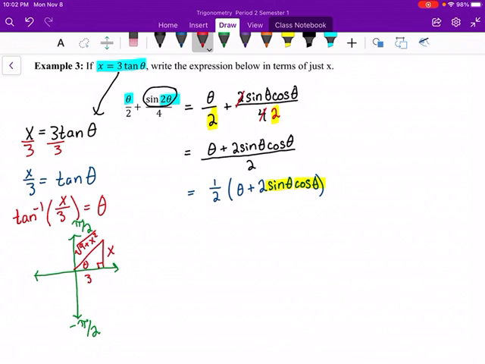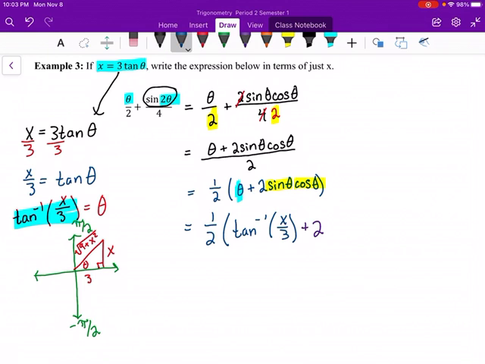So now we can start filling in information that we know. So we're going to have 1/2 times our inverse tangent of x over 3, because we know that is what theta is equal to. And then we will still have plus 2.